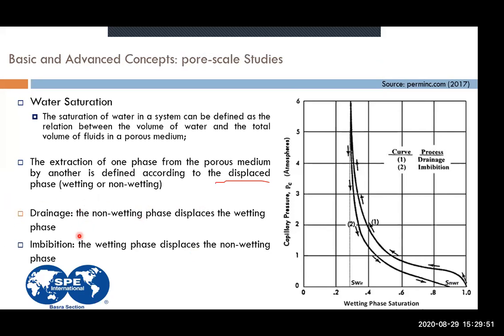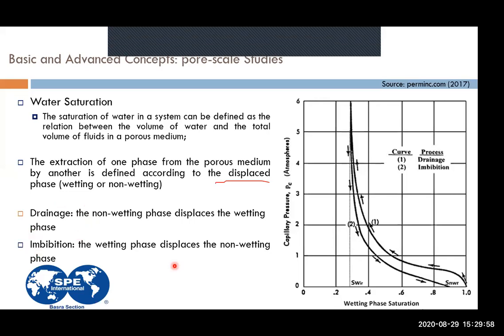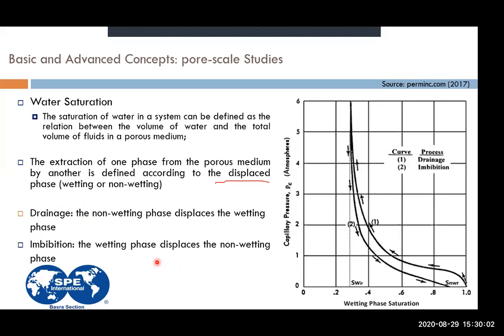And the imbibition will be the second step, when we are displacing the non-wetting phase. So let's keep it simple as this. You have, for example, a water wet scenario, and you are injecting oil and displacing the wetting phase, that's water. So we have a drainage.